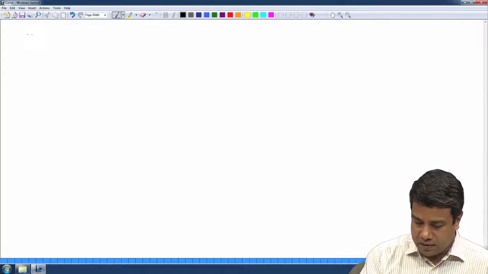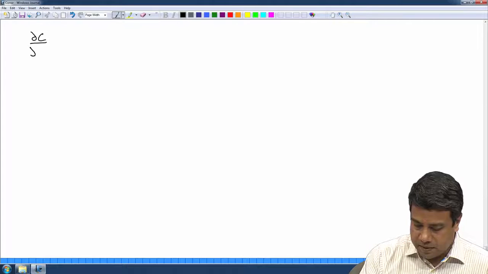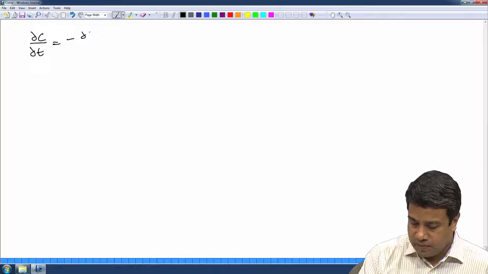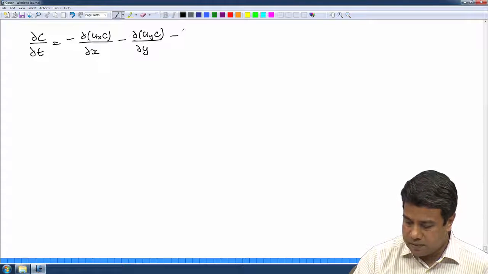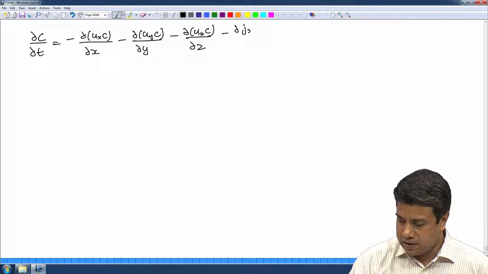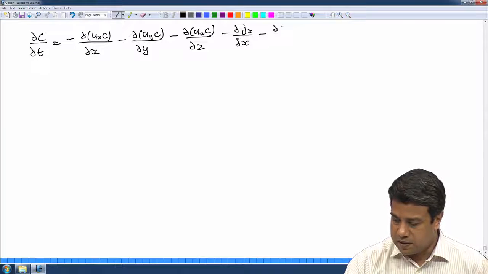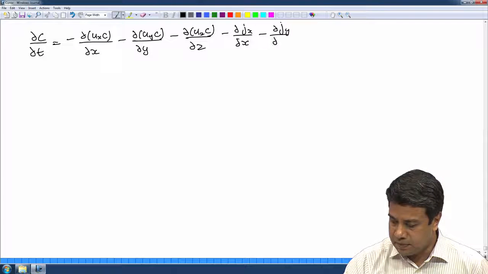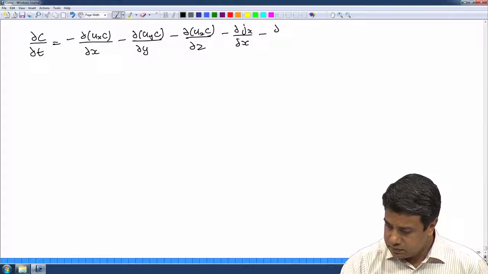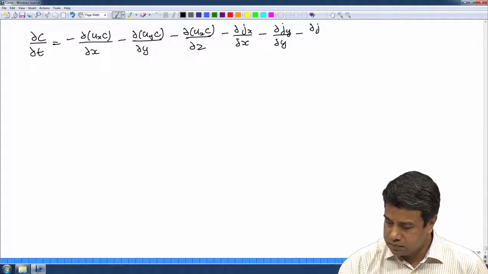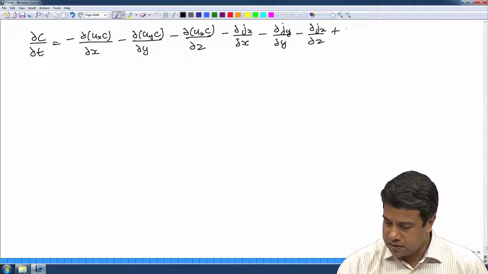So this equation can be written as partial c by partial t, just expanding it, is minus partial of u_x c by partial x, minus partial of u_y c by partial y, minus partial of u_z c by partial z, minus partial j_x by partial x, minus partial j_y by partial y, minus partial j_z by partial z, plus source.